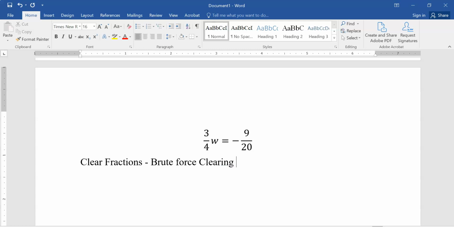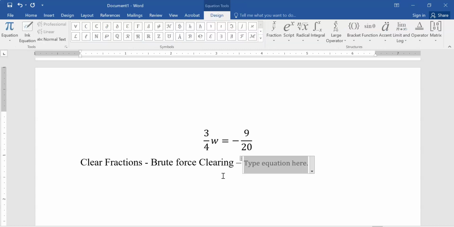Now here's what we do. We look at our denominators, which are 4 and 20. So all I'm going to do is take 4 and multiply it by 20 and come out with an 80.